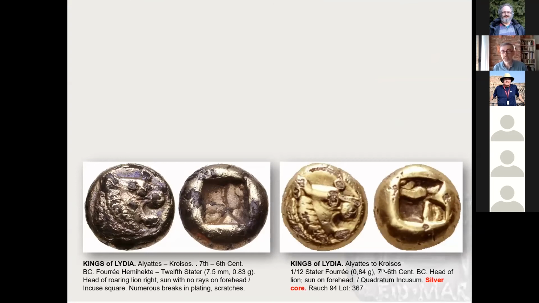When we see die matches, which is not so difficult if we can bring the material together, the biggest challenge here is that we either don't have the same material in the same location.